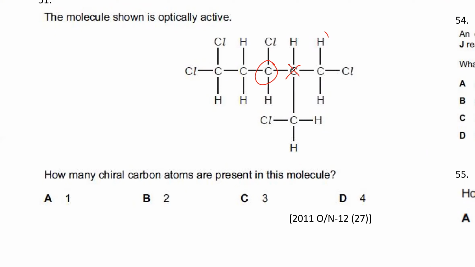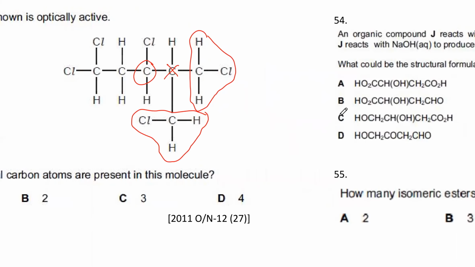This side is the same, CH2Cl, and the bottom side is also CH2Cl. So that is not chiral. Okay? That was a trick. Most people would think this is chiral. This is not chiral. I said these are not chiral, 2 H's. This is not chiral, 2 H's. So there's only one chiral in this one, right? Clear? Yes, sir.